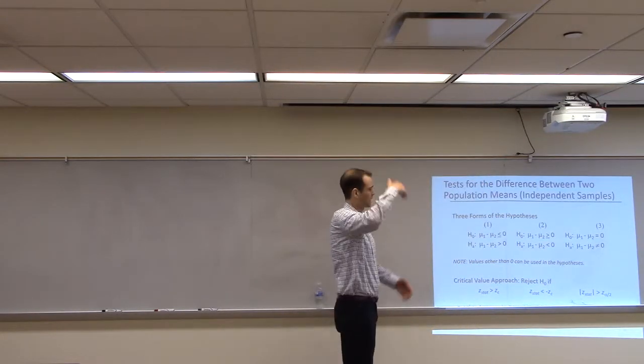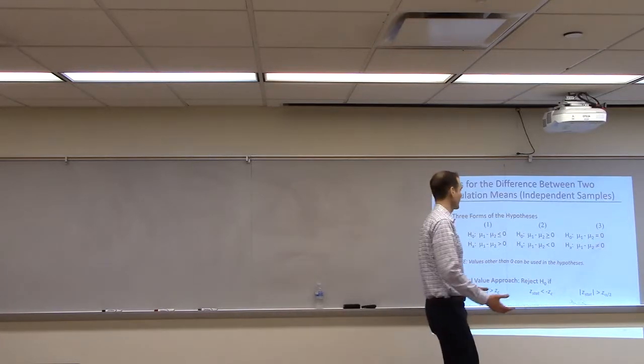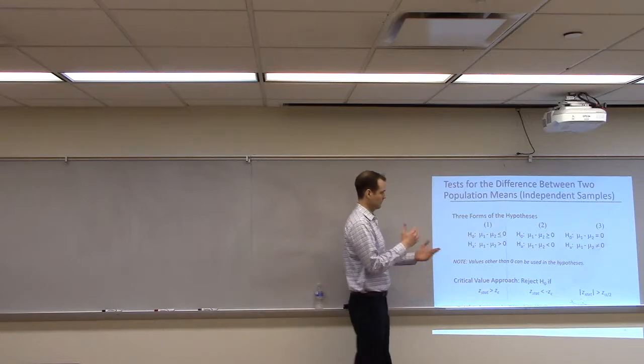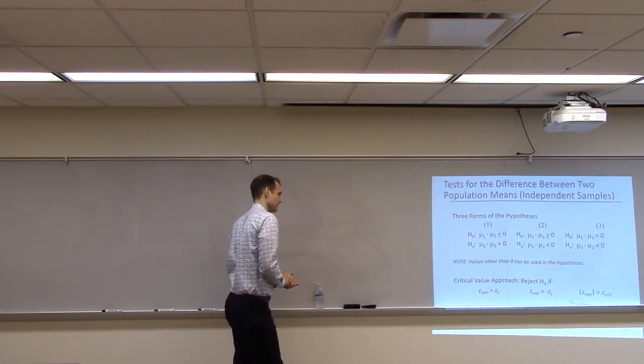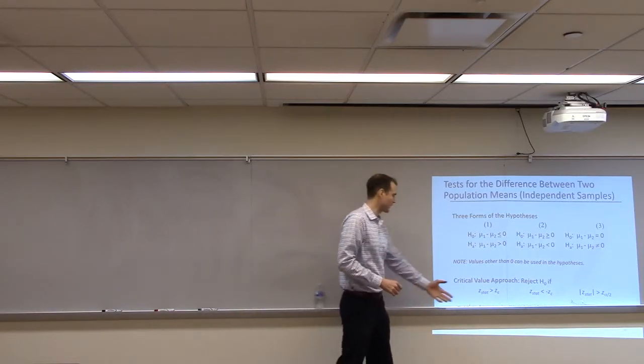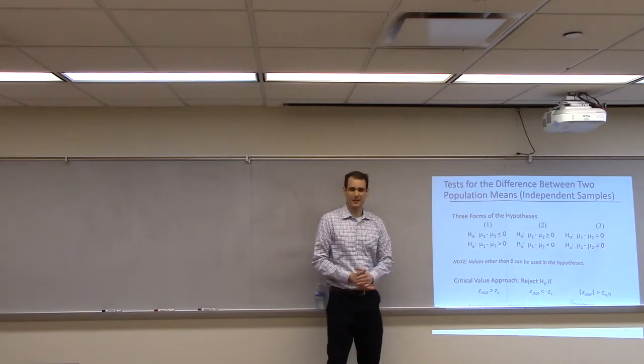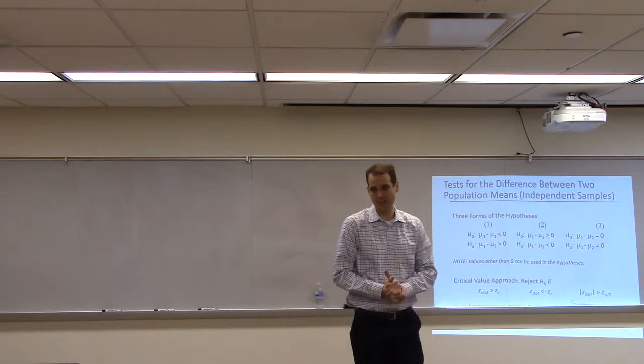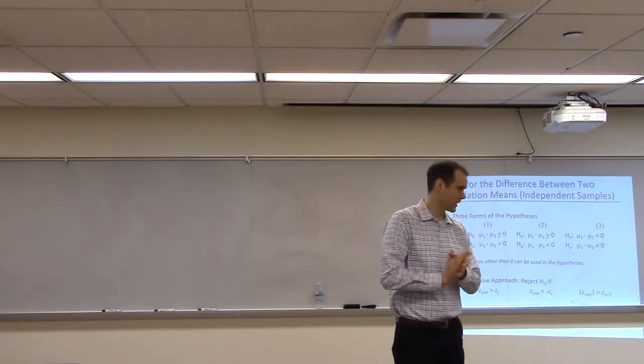So mean 1 minus mean 2 is greater than 0. It's just a fancy way of saying mean 1 is bigger. I could do the opposite, switch it around. Critical values, p-values, all that stuff is the exact same. You all are pros at hypothesis testing now. You'll use that same procedure.